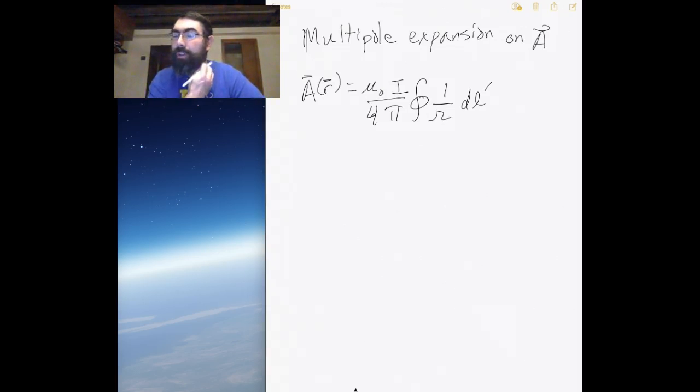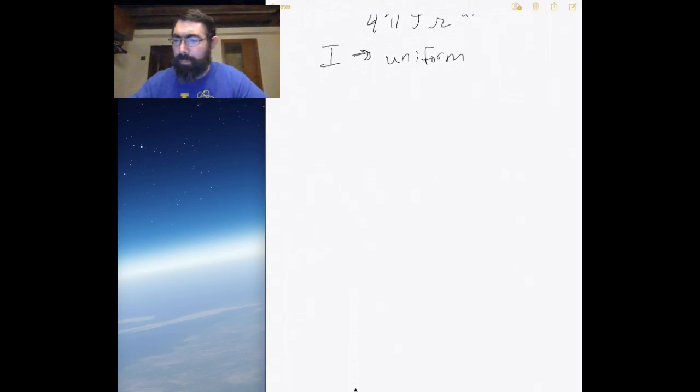Now in this case, I'm taking a specific case where the current or current density, depending on if it's a line current or surface current or volume current, is uniform. So I can pull it outside of the integral, and I'm left with basically the integral of 1 over r integrating over dl. So first, let's draw a picture of what I mean by script r.